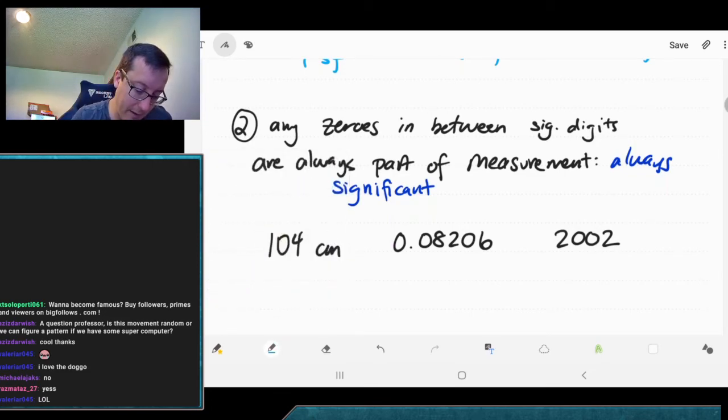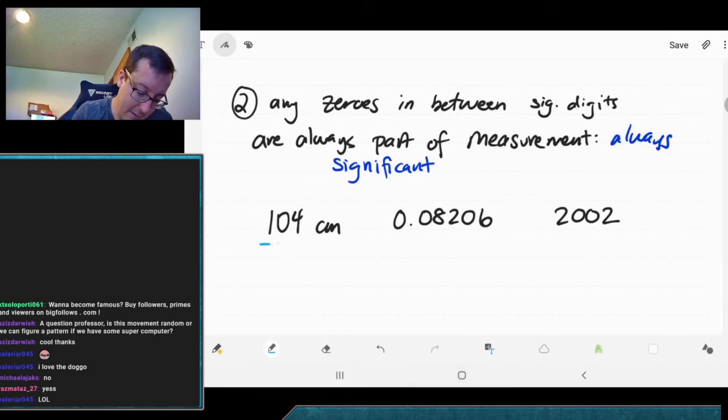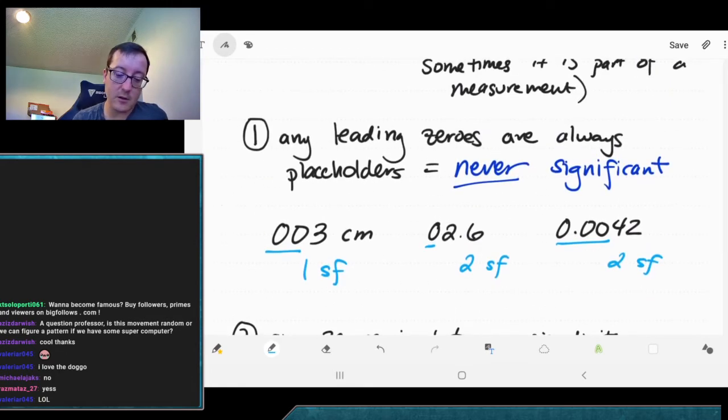So, if we're looking at these, all 3 of these digits matter. With this next number, though, we have 2 different types of zeros. We have zeros that are leading, one's at the start of the number, and we have one that's in between. Remember, zeros at the start are placeholders.